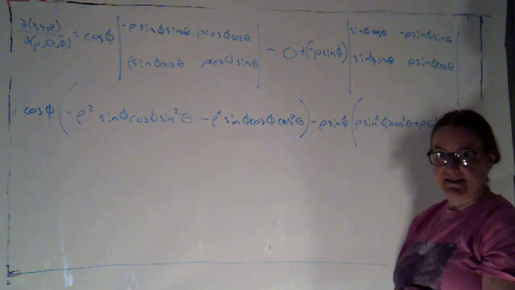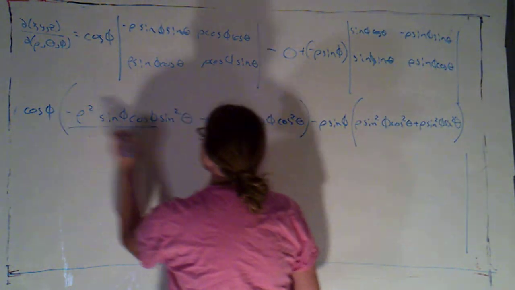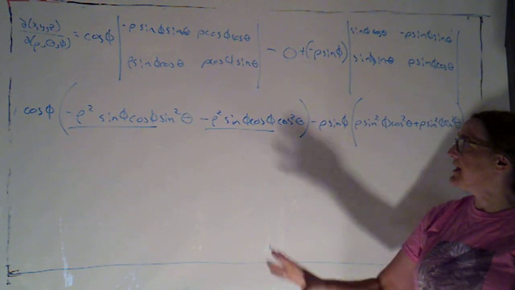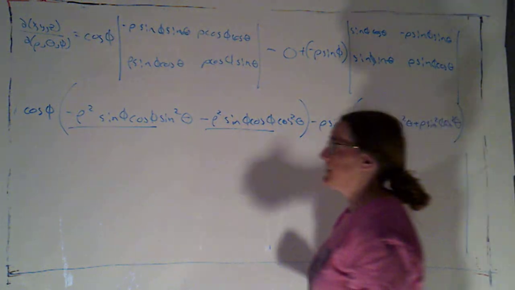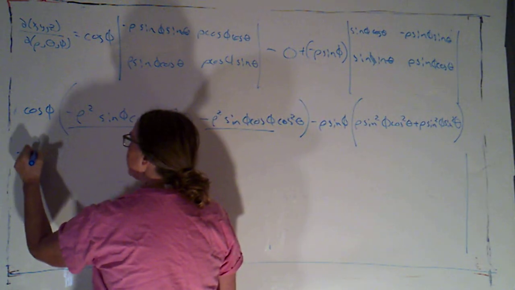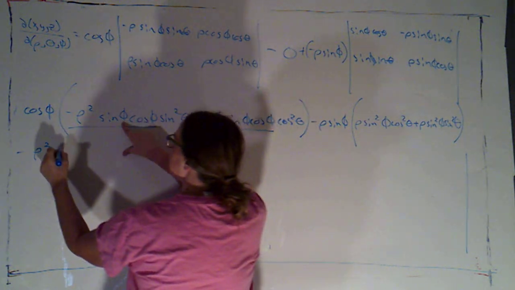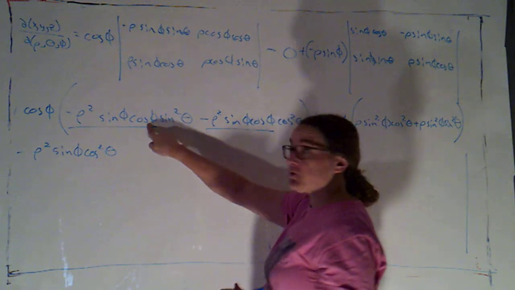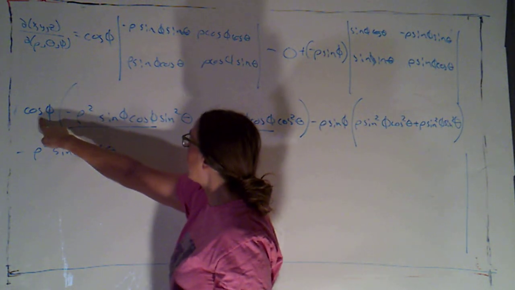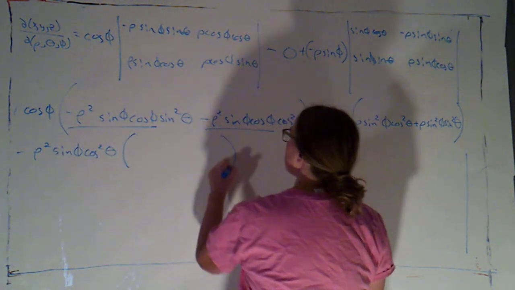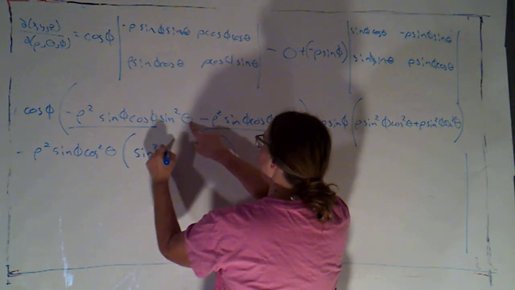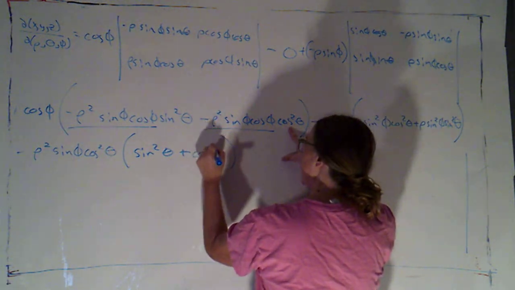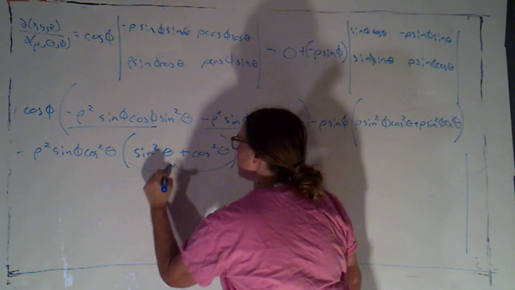Now, looks messy, but notice from these terms I can factor out a negative rho squared sine phi cosine phi. So if I do that, I'm going to have a negative rho squared sine phi cosine squared phi, because I'm factoring out one cosine and there's already one out there. And then what's left that's multiplied by is just sine squared theta plus, because I factored out the negative, cosine squared theta, and that's just 1.